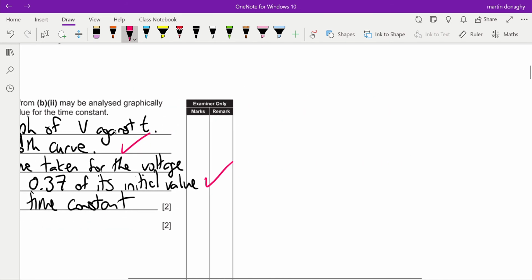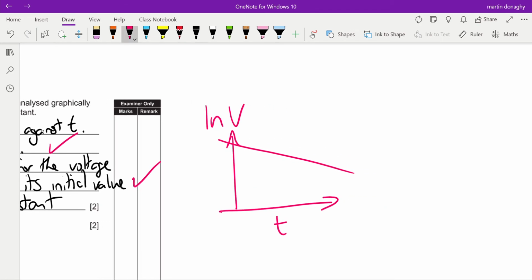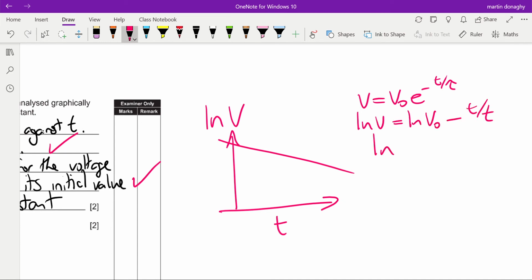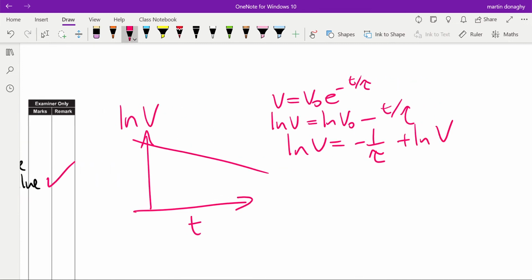I'd almost prefer you to say that you would find the natural logs of the voltage, and you plot a straight line graph against time. And if we start off with v equals v naught e to the minus t over tau, taking natural logs of both those sides, you should be able to see, if we rearrange that a little bit, that it's minus t over tau, the time constant, plus natural log of v naught.